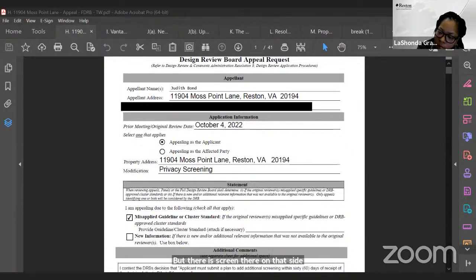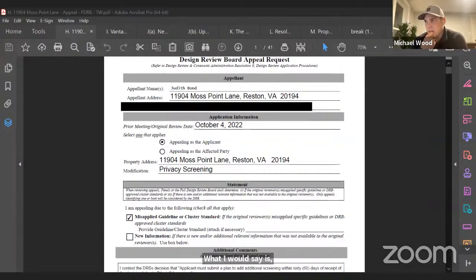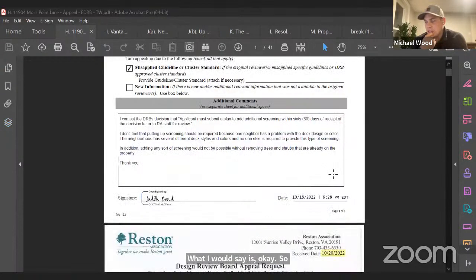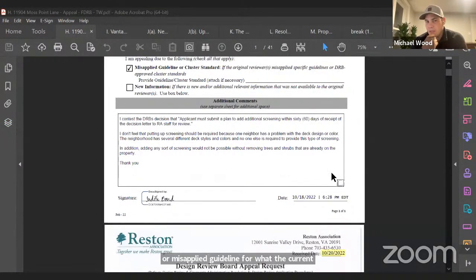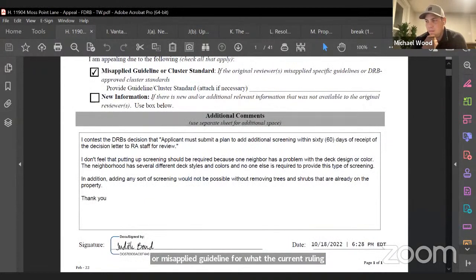Okay. So what I would say is, once again, I don't know if there's any new information or a misapplied guideline for what the current ruling states. So I would make a motion once again to deny that appeal as well.